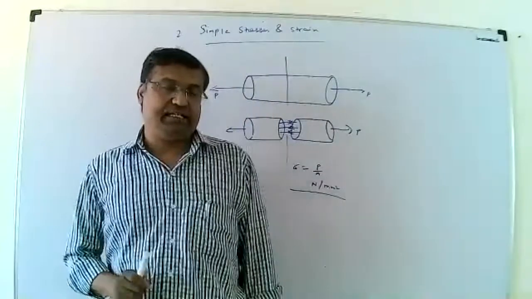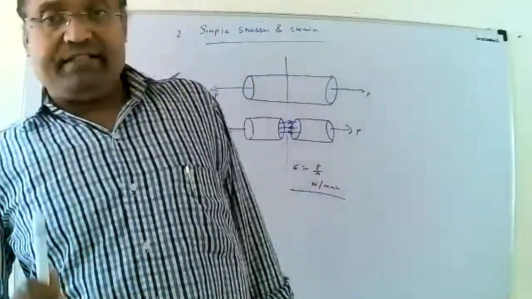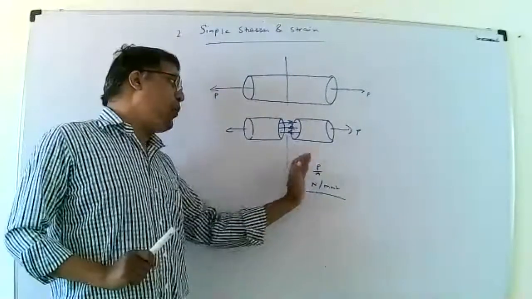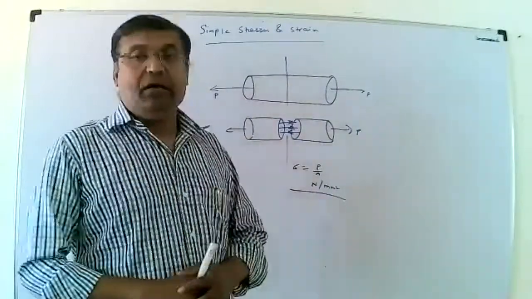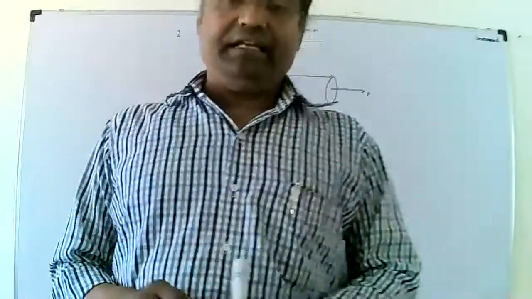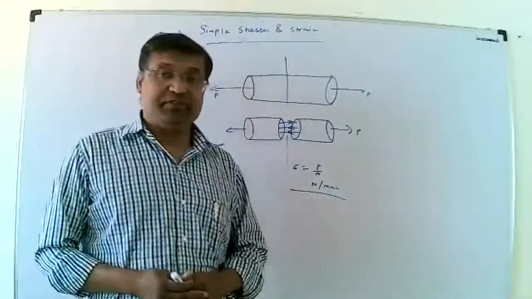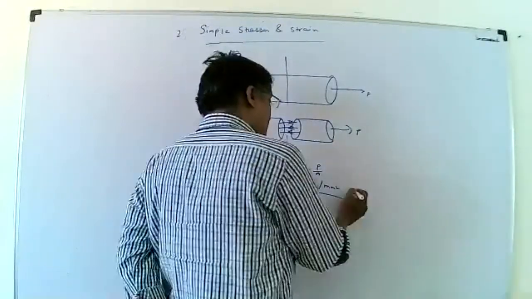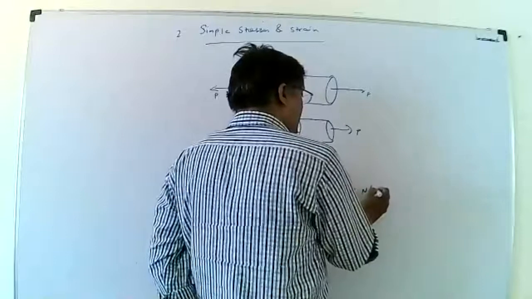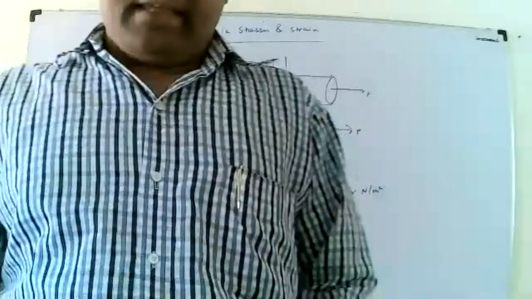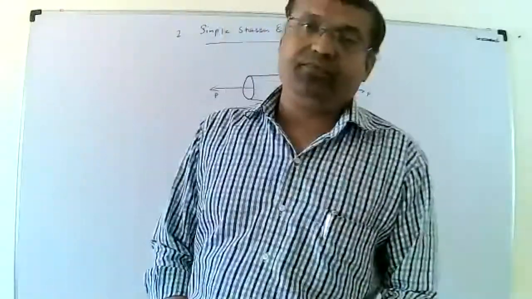Mathematically, stress is represented by the Greek symbol sigma, equal to P upon A. The unit of sigma is Newton per meter square or Newton per mm square. That is the very simple concept of stress.